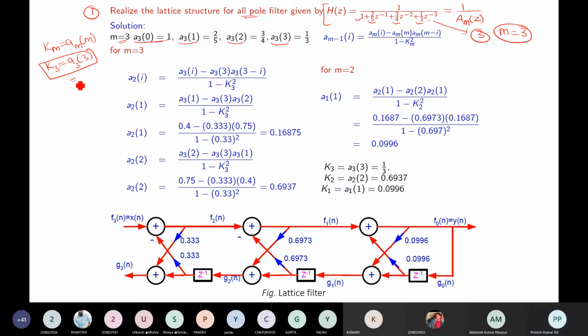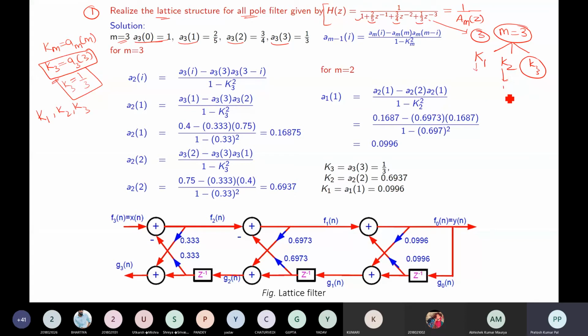To realize the lattice realization, we should know the values of K1, K2, K3, because if the order is 3, then the total number of K values, called reflection coefficients, are K1, K2 and K3. One by one we need to find these values. We can directly find K3, so K3 is known. Similarly we should proceed to find K2 and K1.